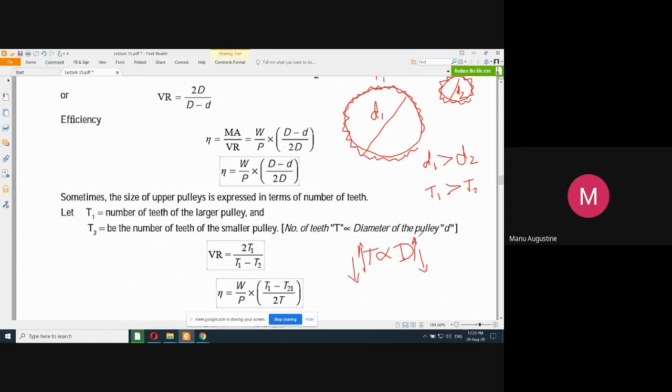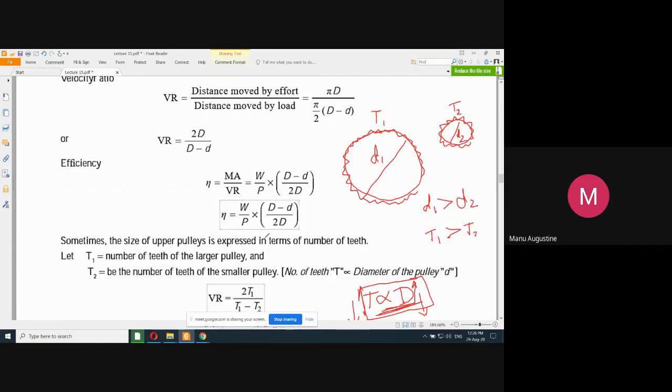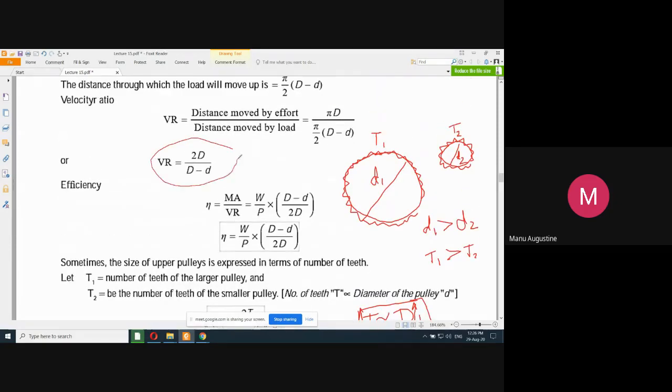So in a way, the correlation between the number of teeth and the diameter of the sprocket is simple, it is directly proportional. And if it is directly proportional, then in all the expressions that you have developed over here, velocity ratio in terms of pulleys taken for your drive is 2D upon D minus d.